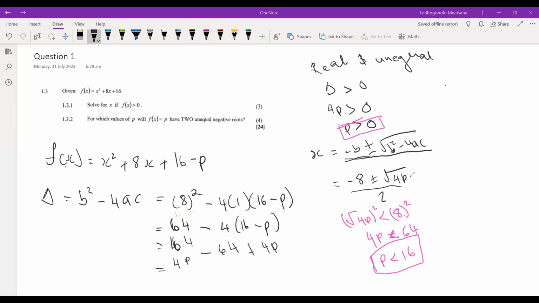We came up with 2 conditions: p must be greater than 0, but it must be less than 16. Again, you can write it like this, which is the same as we got for our first method.